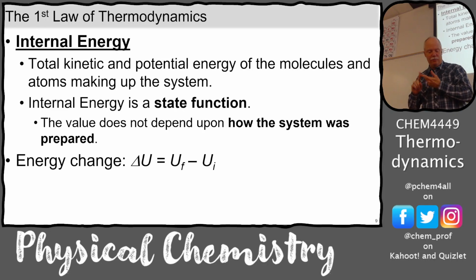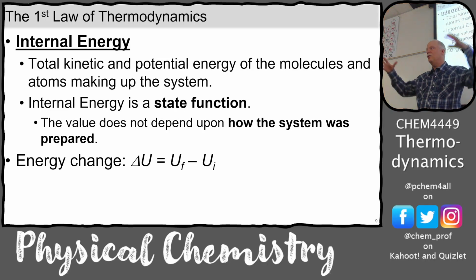So if I know the pressure, the temperature, the volume, and the amount of material, then I know the energy of that system. And if I change the volume or change the pressure or change the temperature, I can calculate the change in energy of that system. Okay? And it doesn't matter if the volume expanded to get to that point or was compressed to get to that point. I can calculate the energy of that system if I know the state variables.